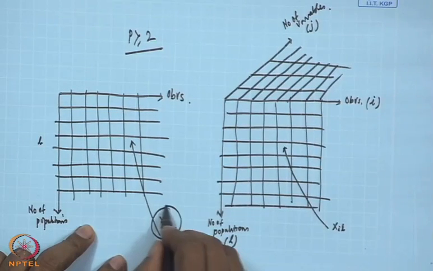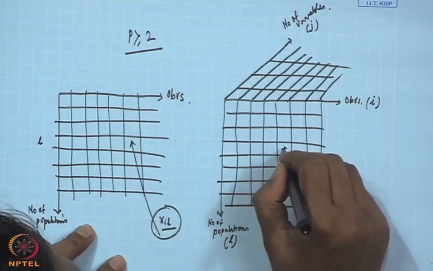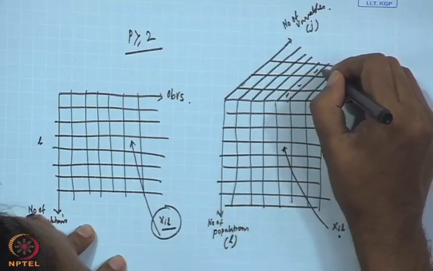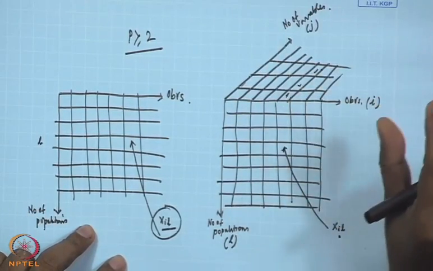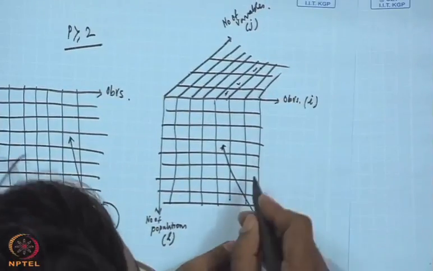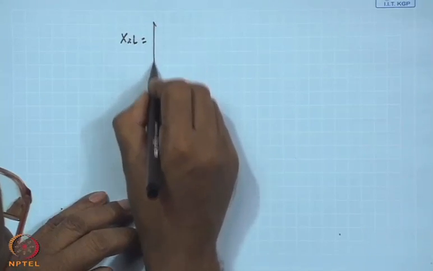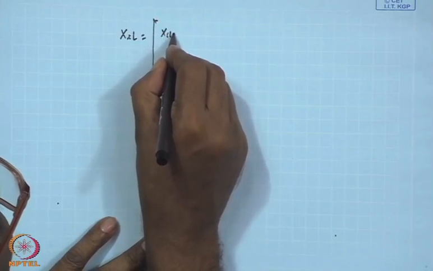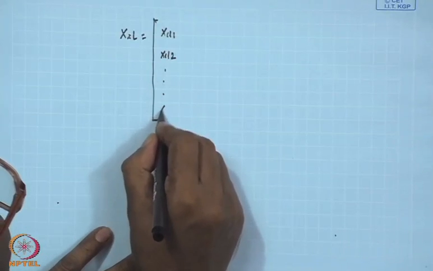Then XIL is no longer a scalar quantity. In ANOVA this is a scalar quantity, in MANOVA it is not, because for this cell, depending on the number of variables 1, 2, 3, this XIL will have more values. So, XIL is no longer a scalar quantity, it is a vector: XIL1, XIL2, and so on.